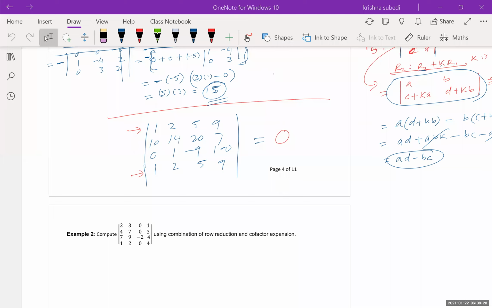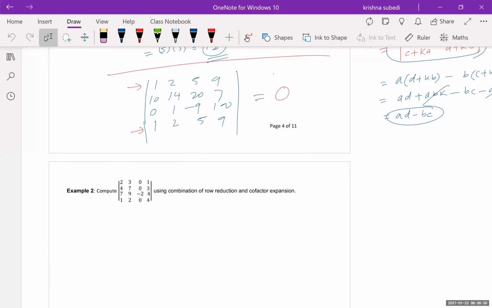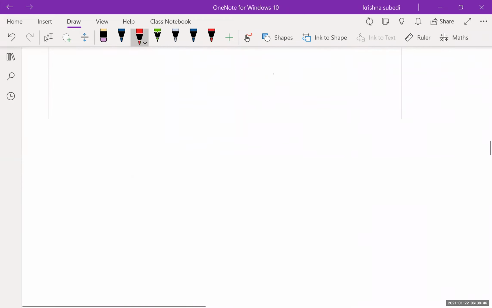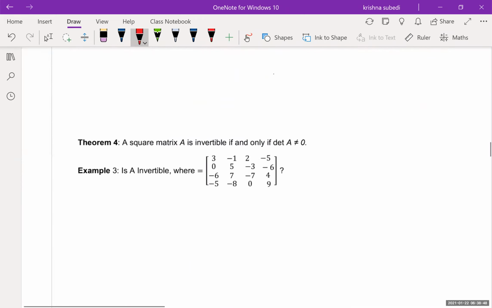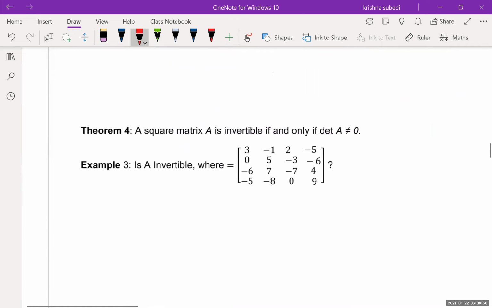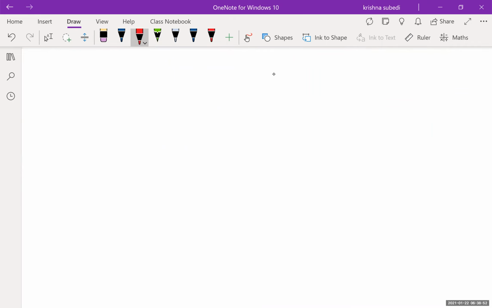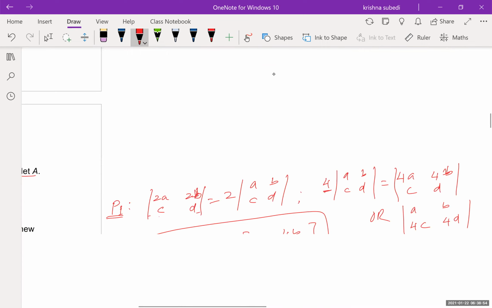All right, now let's look at this example. I leave this example to you to practice, play around with those properties and solve it. Now we're going to learn one very important theorem. Theorem 4.